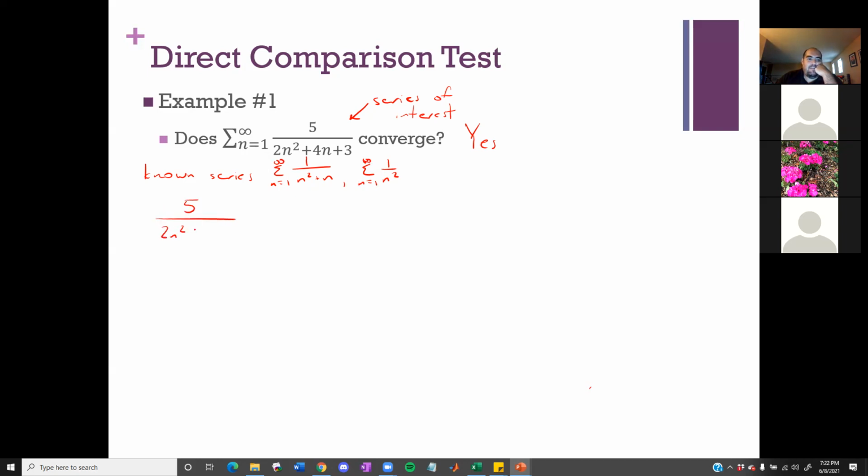And basically what I'm trying to do, let's be really specific about this one here. Build it up slowly. I know that this is going to be true. Can I say that this is going to be true? Is the denominator 2n squared plus 4n always going to be bigger than 2n squared?